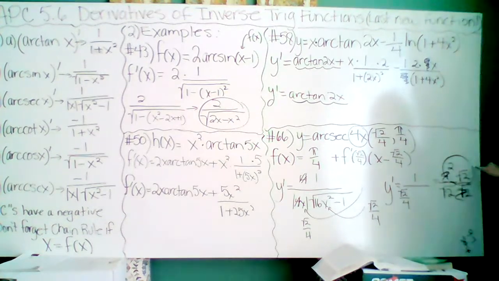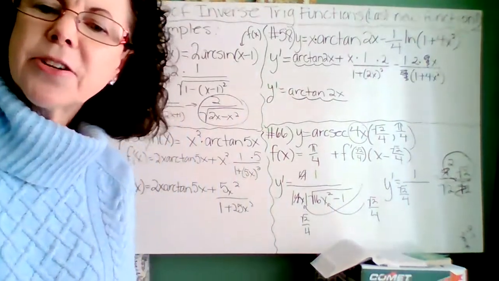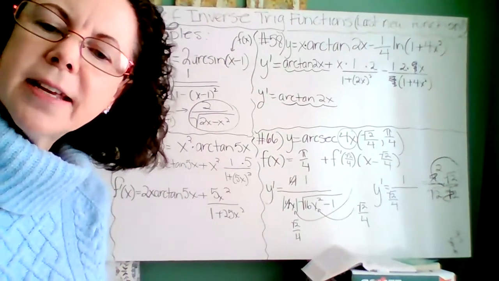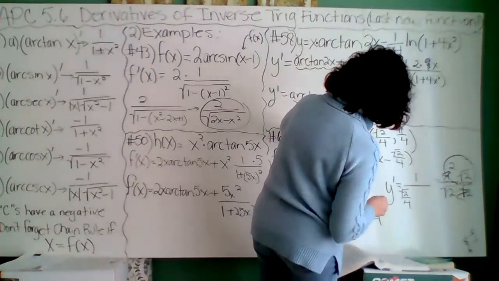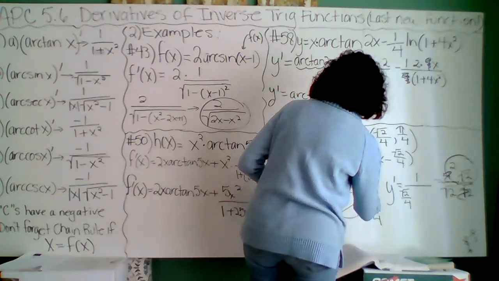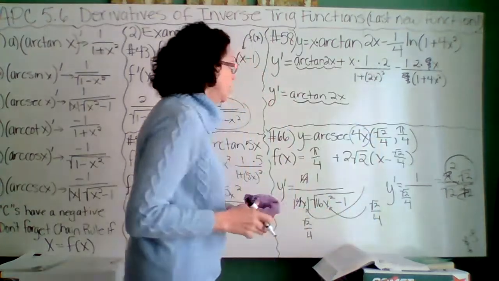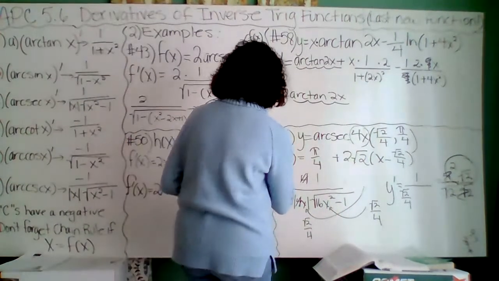And I get 2 square roots of 2 is the derivative. It looks kind of fuzzy, 2 square roots of 2 on the edge of the video there. There we go. And here is our equation of the tangent line.